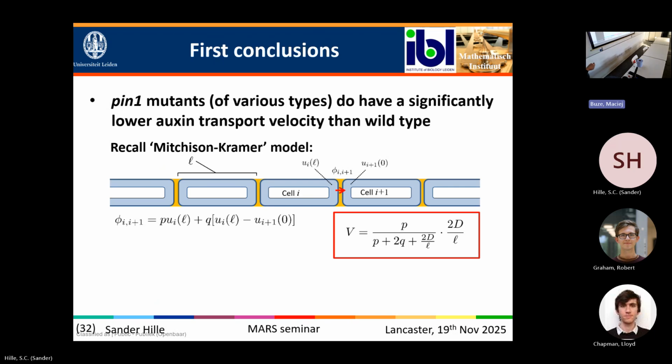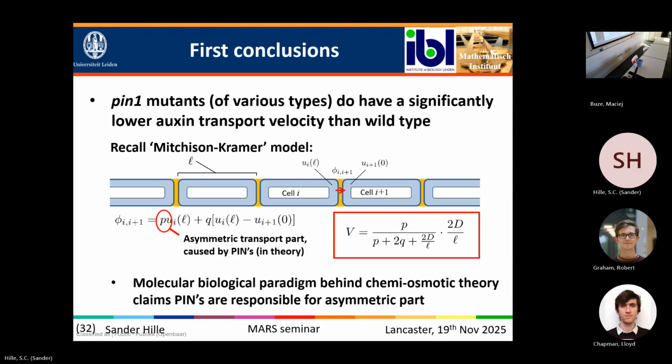Now we had this Mitchell-Kramer model with these cell files, and you had this parameter P that determined the polarity in the system. And the polarity determines, these 2 coefficients determine the velocity at the macroscopic level through this formula. Now, the presence of pins increases or decreases the p-value.